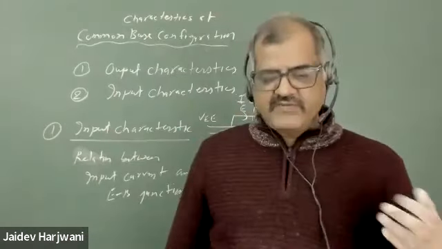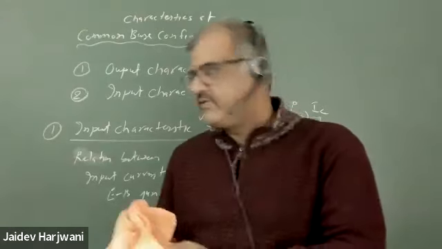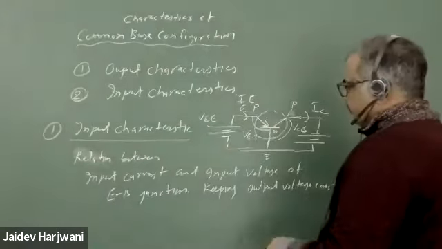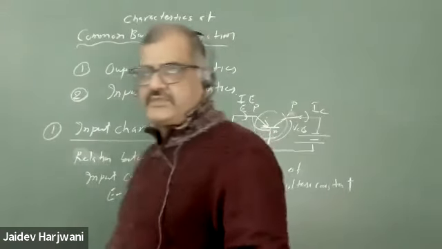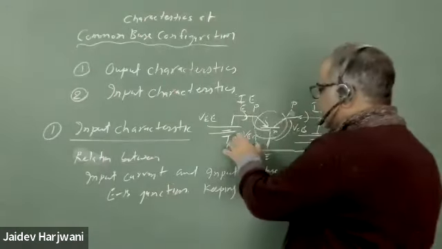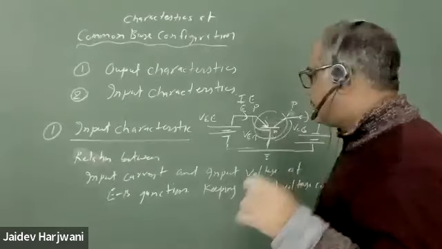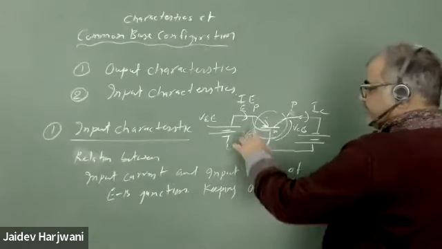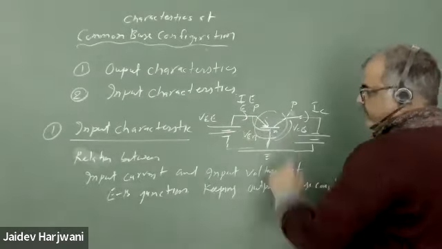For a silicon junction, the value of this cutoff voltage is 0.7. Depending on whether it is a silicon transistor or germanium transistor, silicon has a band gap of 1.1. So you need to apply some voltage, and that is called your forward voltage.